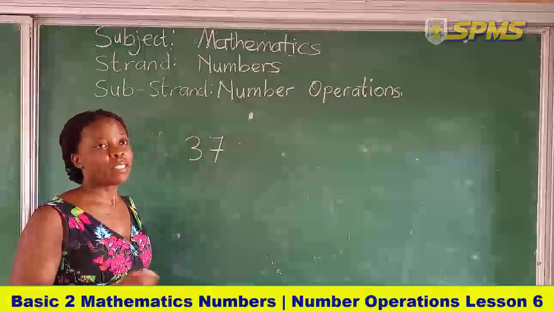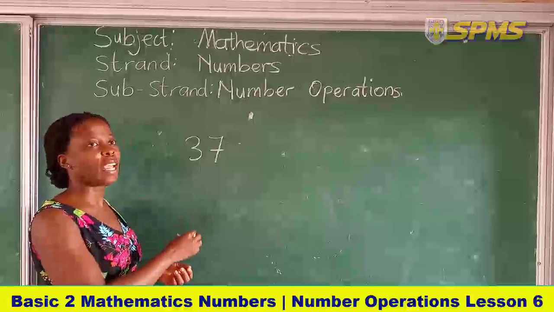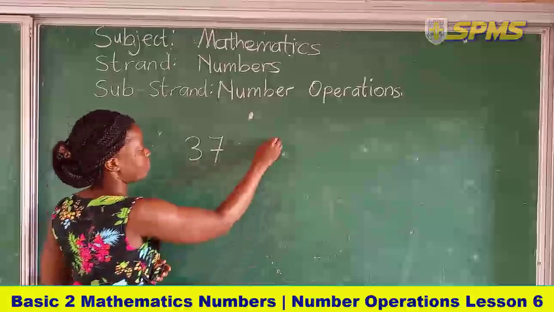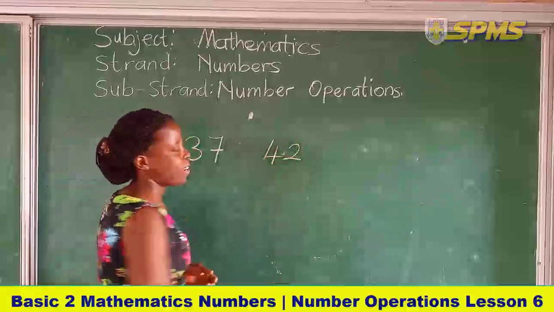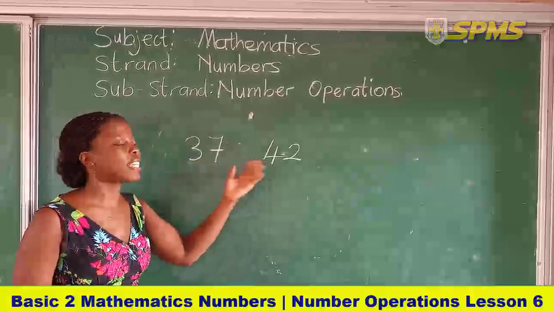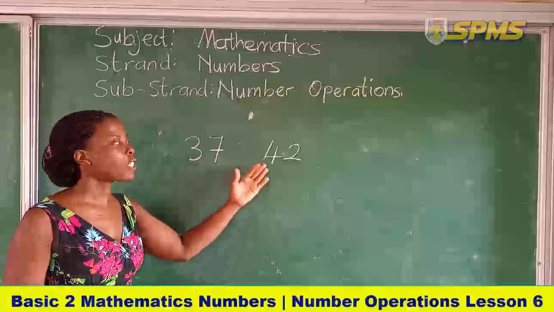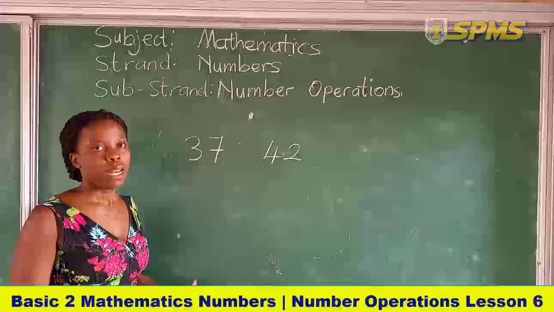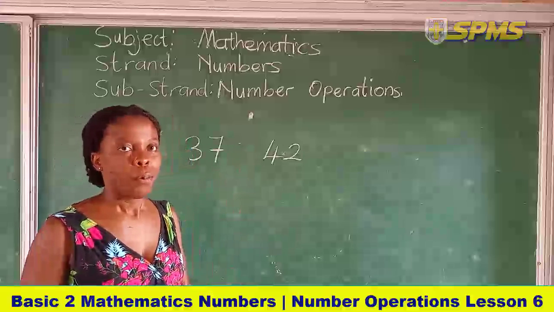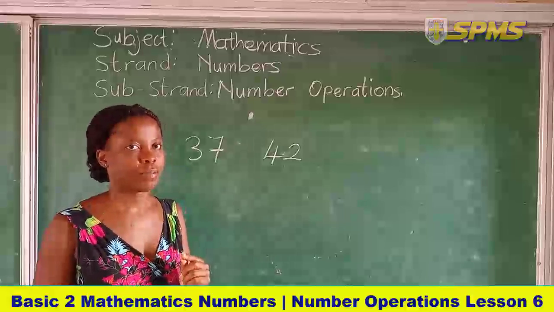What can we add? Any 2-digit number? 42. Okay. Alright. We have 2 2-digit numbers on the board, 37 and 42. Let's put these 2 numbers together with the operation sign addition.